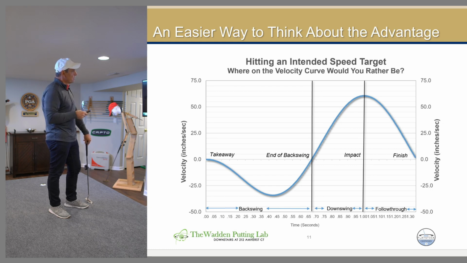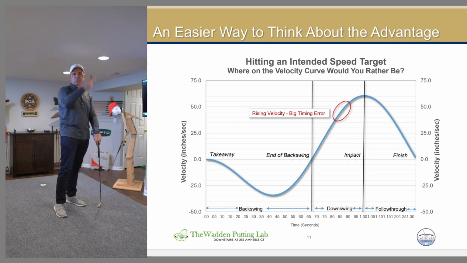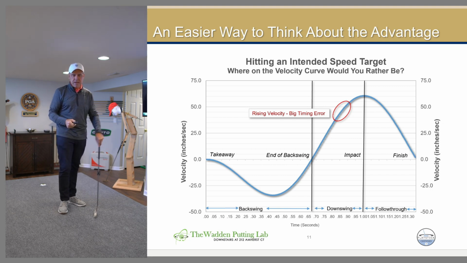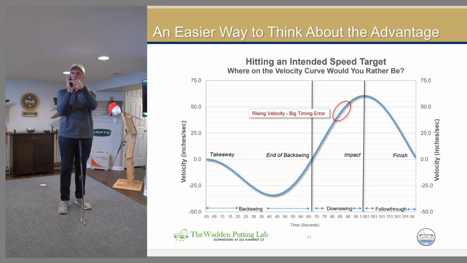Now here's a more intuitive way to look at this. Here's our velocity curve, and I want you to consider two possibilities. The first possibility is we hit the ball while the velocity curve is rising. You can see how steeply sloped that velocity curve is. So if the putter head gets to the ball a little bit too early or a little bit too late, we're going to have a very different speed result in terms of the ball speed off the putter head.